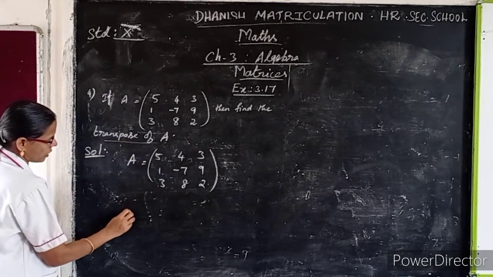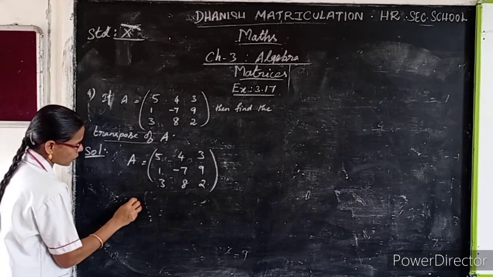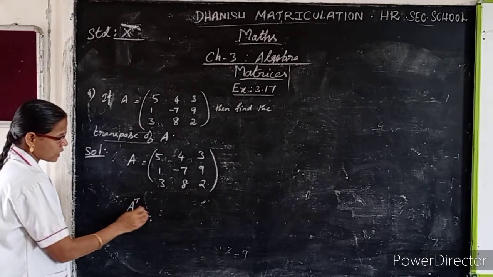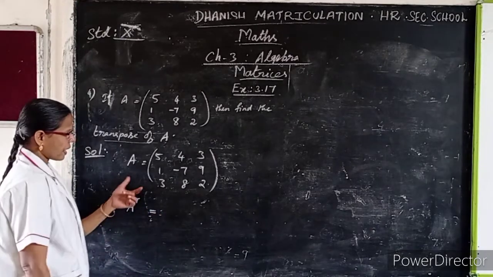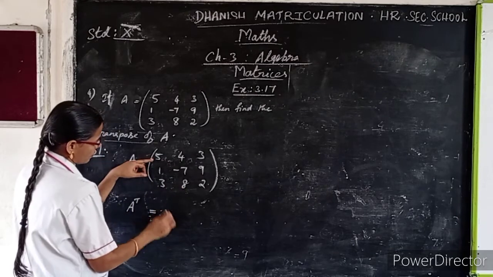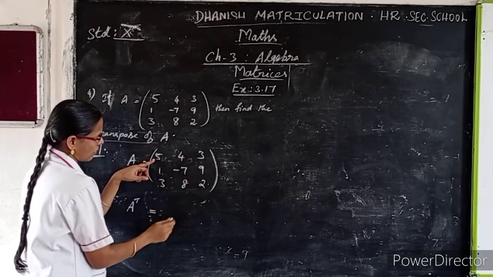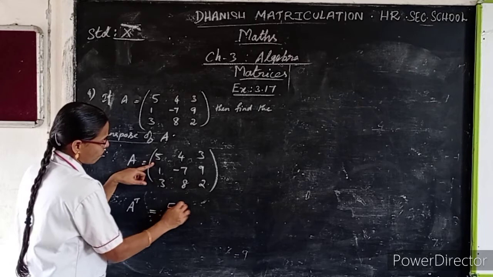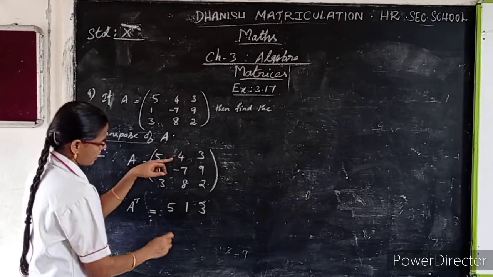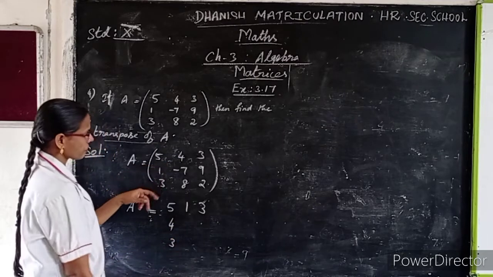Find the transpose of A. Transpose of A is denoted by the symbol A transpose, A power capital T. That means A transpose equal to, write this column as row. So already 5 4 3 is a row. Now 5 1 3 is the column, so that becomes a row.